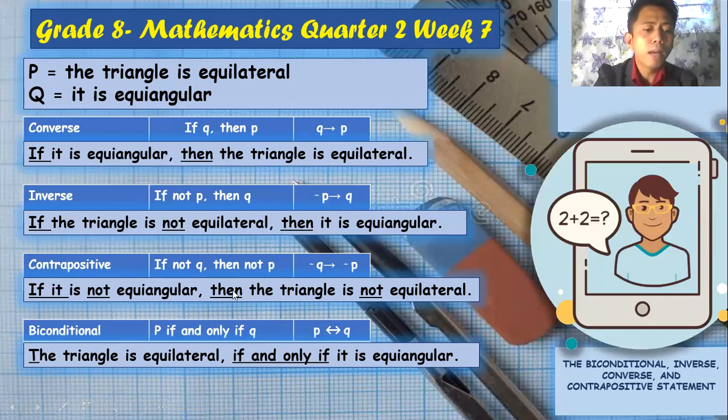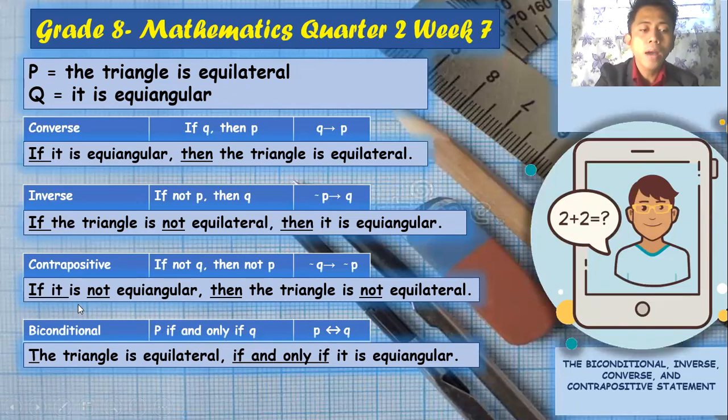By following the pattern, P comes first. What is our P? The triangle is equilateral. That's why we have here: the triangle is equilateral. And then the biconditional symbol, which means "if and only if". After P we have "if and only if", and after that we should have Q. Our Q, based on the given, is "it is equiangular".